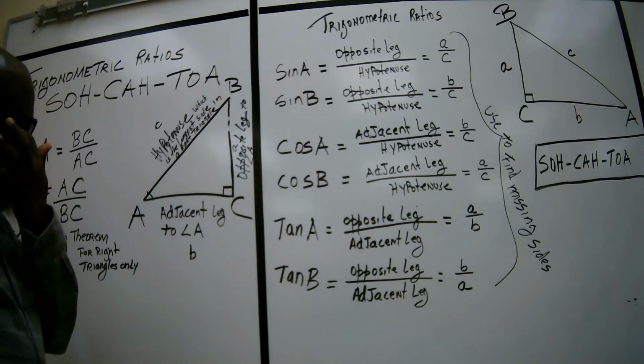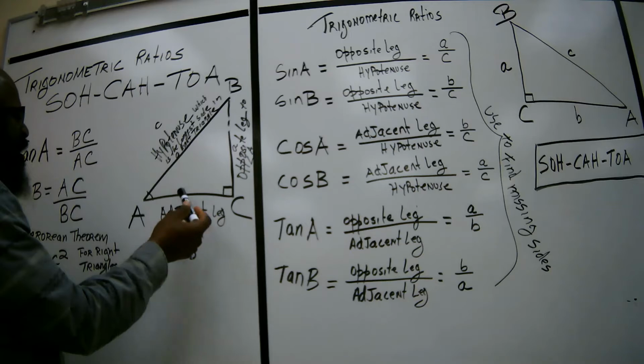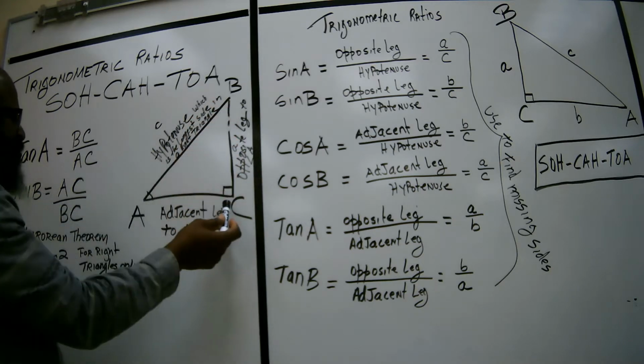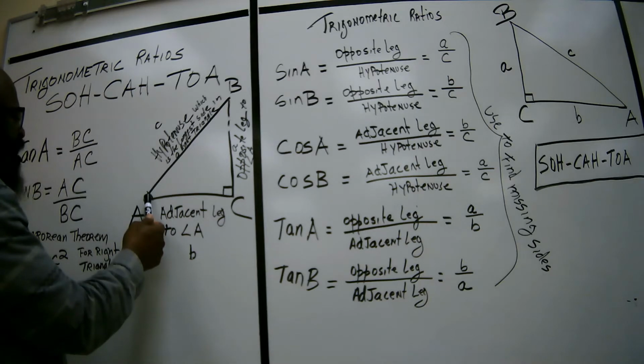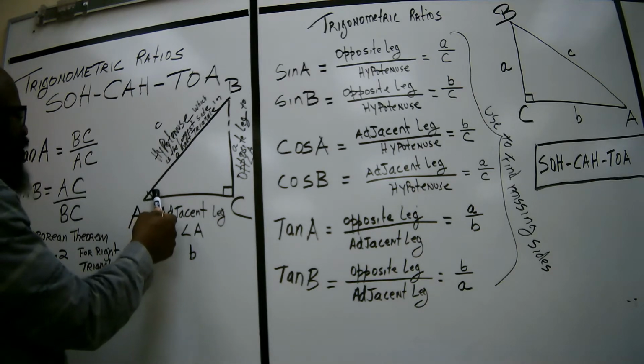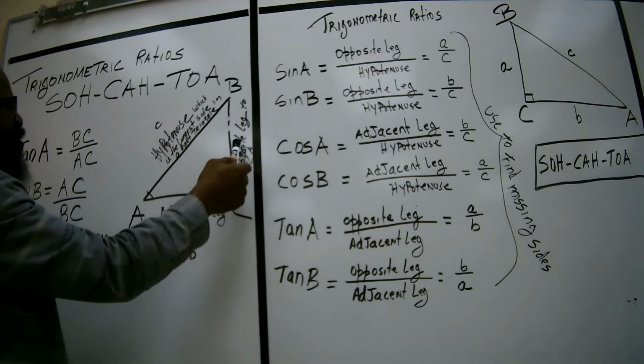So, prior knowledge: when you're dealing with a triangle, the capital letters refer to angles. Capital letters are your angles. The lowercase letters are your sides. Here, this is angle A. If I look opposite to angle A, side BC will be little a.